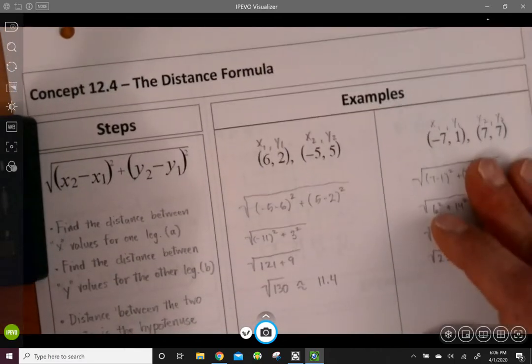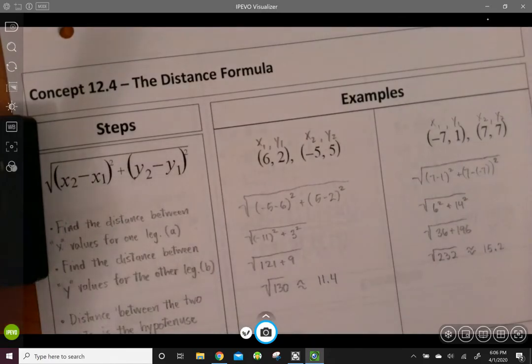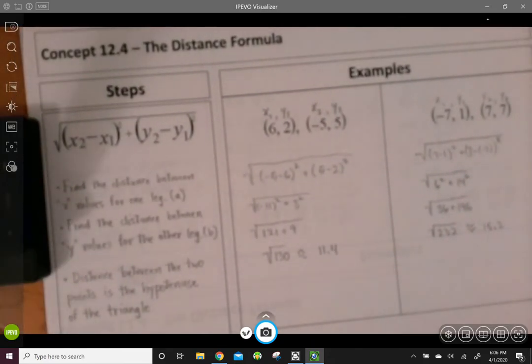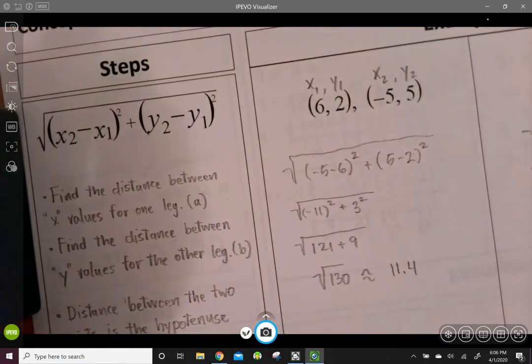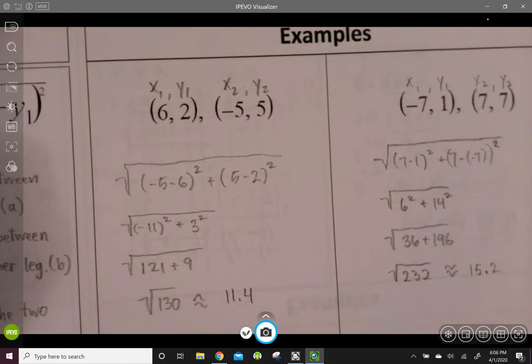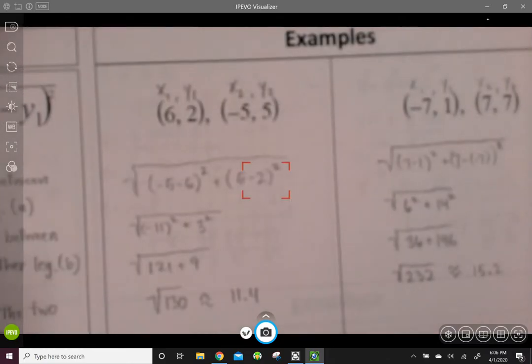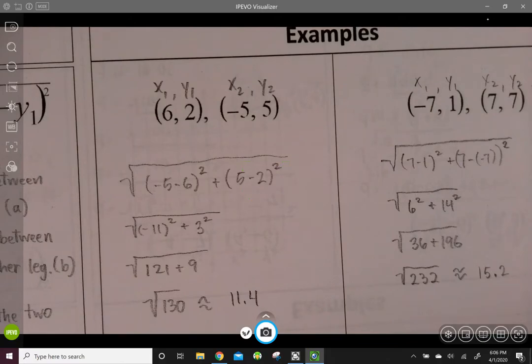Okay, so on the next page, we don't have the coordinate plane with us anymore. So we're going to find the distance between these points just by using the distance formula.